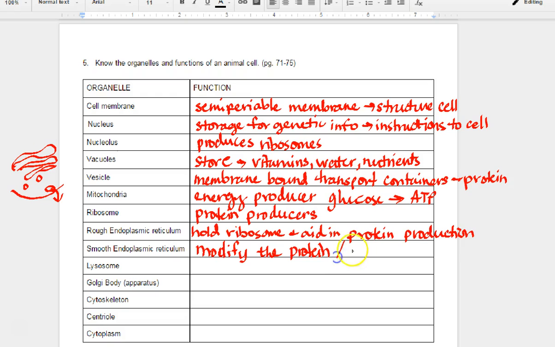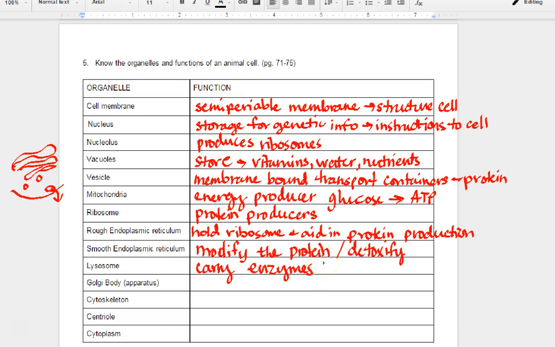And the smooth ER also detoxifies the things that we eat and the things that we drink. They go into our cells, and the smooth endoplasmic reticulum is what takes that toxin in, and it changes it into a molecule that's not toxic and disposes of it for us.